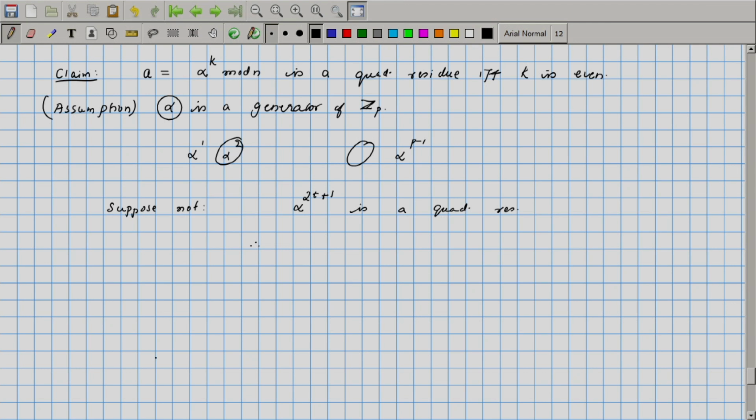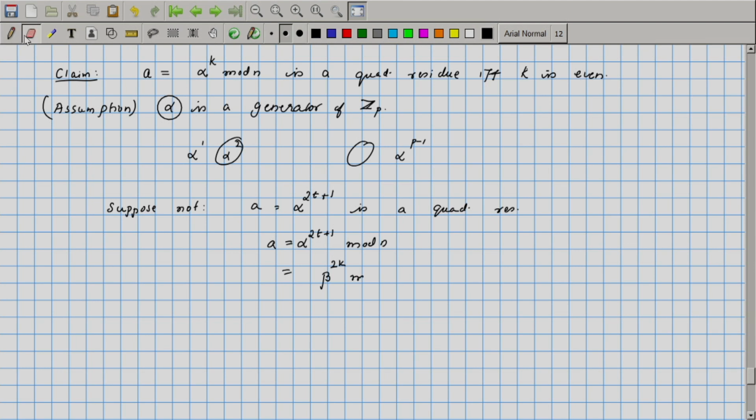Therefore, let us say this is equal to A. We can write A is equal to alpha raised to 2 t plus 1 mod n, that is a perfect square, right. So, that is some beta raised to 2 k. Okay.